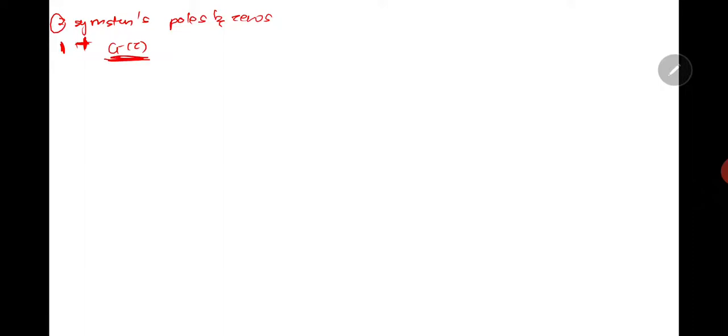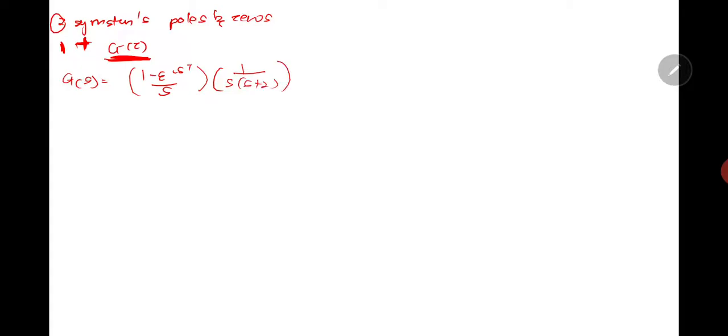We just need this G of z to get the poles and also the zeros. So just now we have G of s equals 1 minus e to the power of minus sT over s, multiplied by 1 over s plus 2.